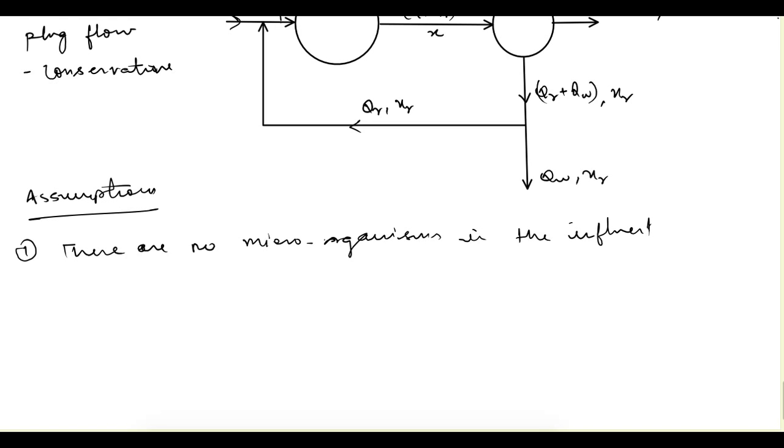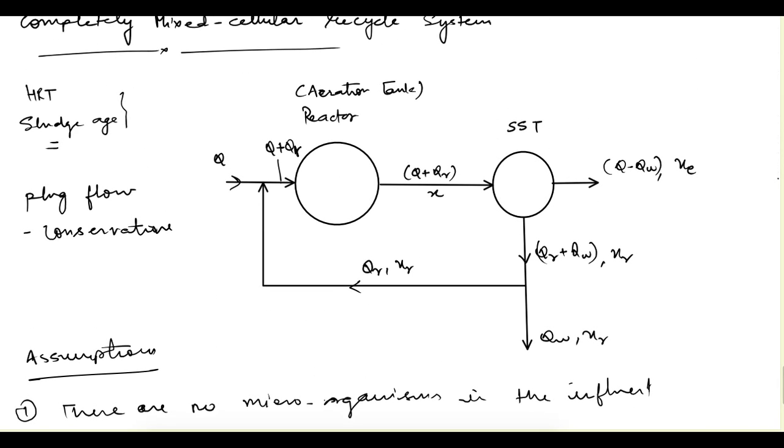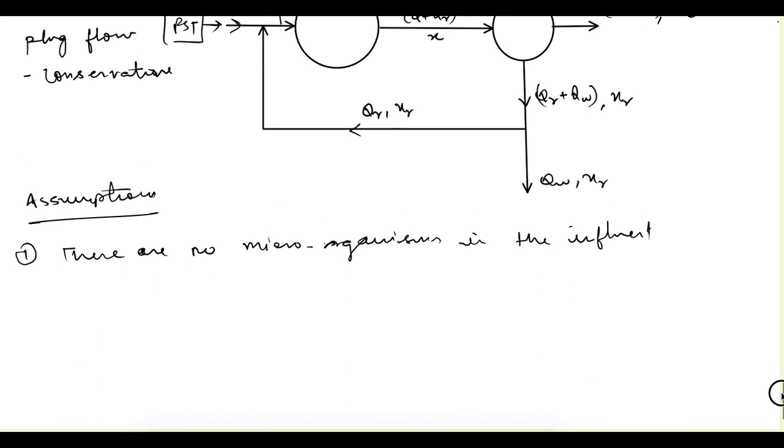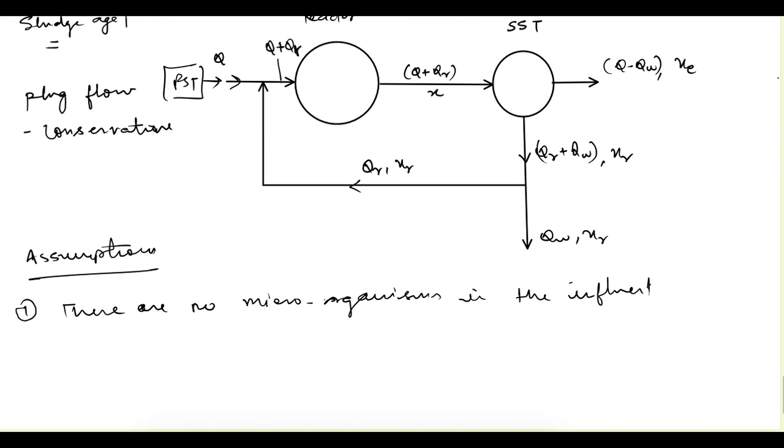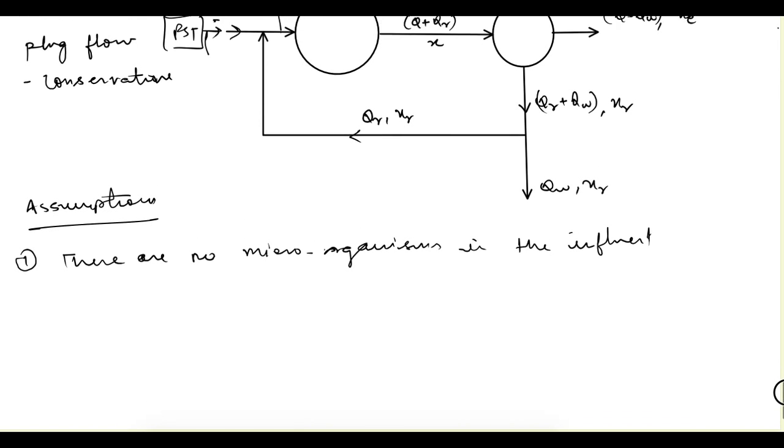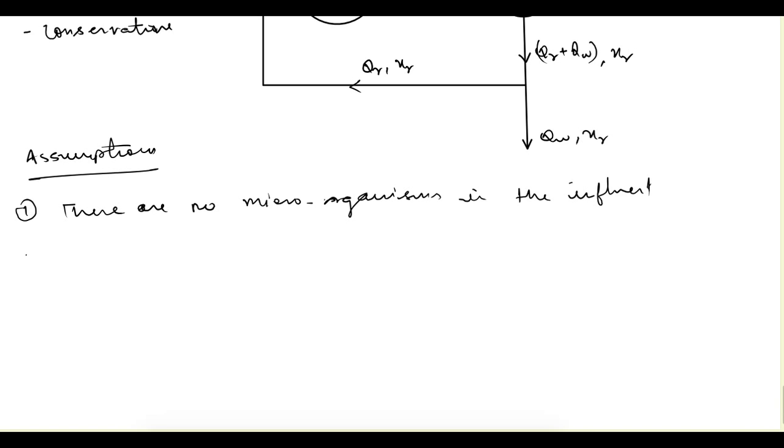Before this treatment a sedimentation tank is provided, so we are assuming that whatever the flow is coming from this sedimentation tank does not contain any microorganisms. It is not completely true, but it will give us conservative results because whatever the sewage is coming will have some microorganisms, so that will also help us in the treatment. So it will just give the conservative results.